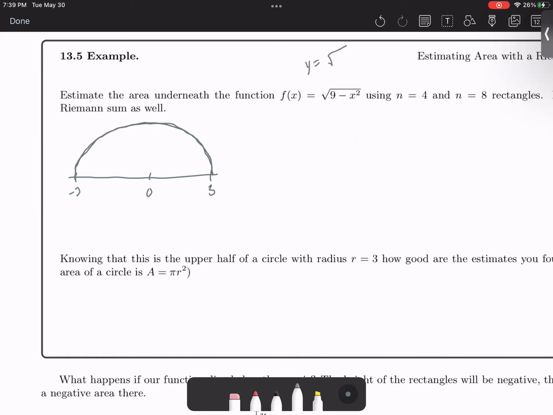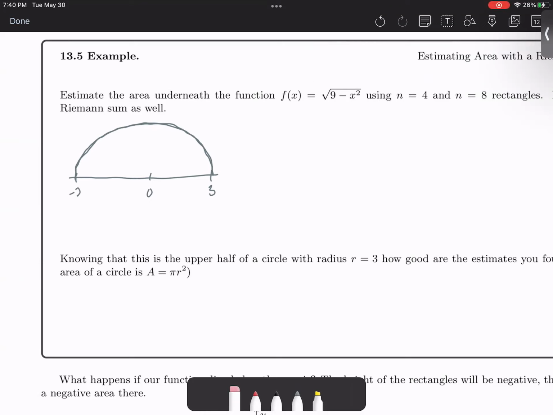If you have y is equal to square root of 9 minus x squared, you square both sides, you get y squared is equal to 9 minus x squared. You rearrange that, you get y squared plus x squared is equal to 9. It's a circle centered at the origin with a radius of 3. And that's exactly what we have. But I only have the positive part because I took the positive square root. Okay, so that's the graph of the function.